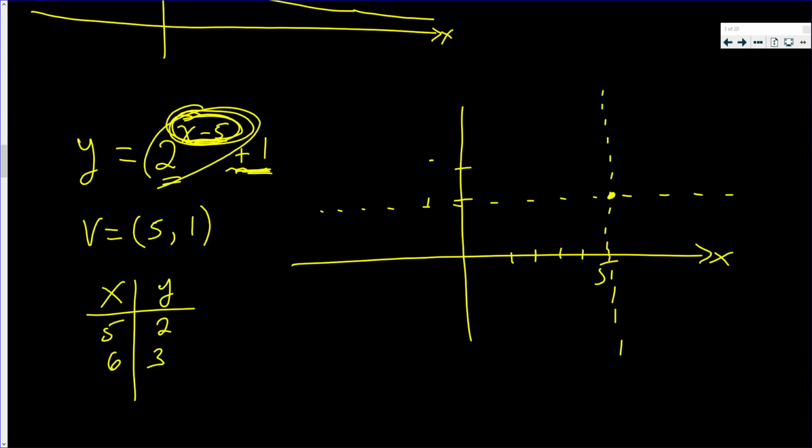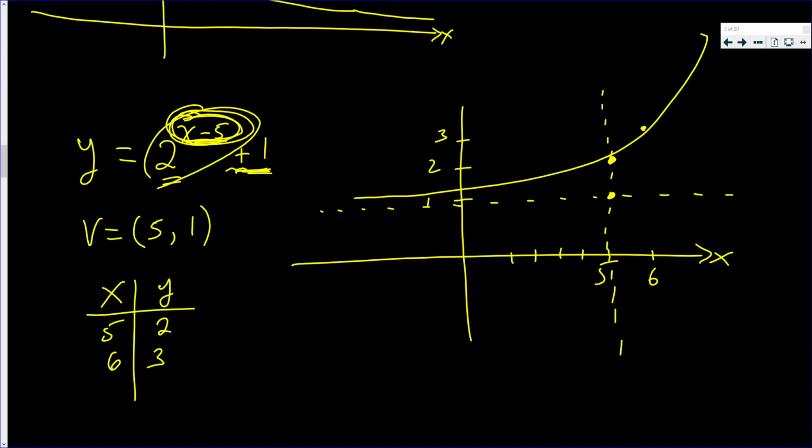Okay, so here's 2 and 3. When x is 5, I go up to 2, and when x is 6, I go a little bit higher. And there's my graph.